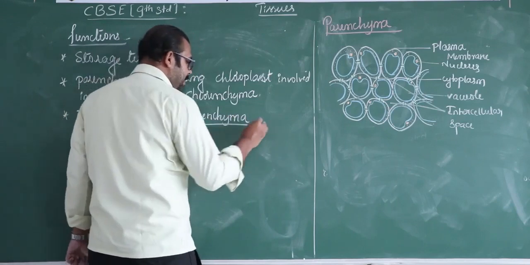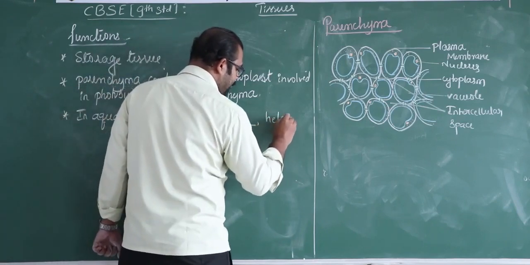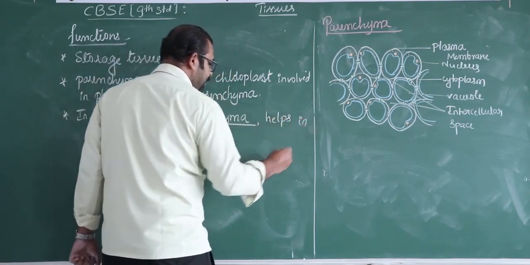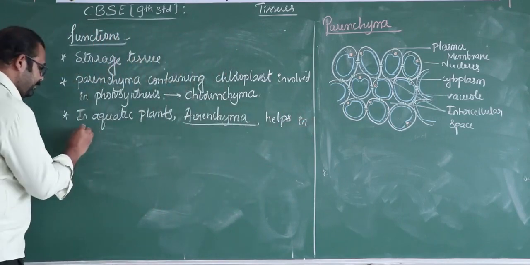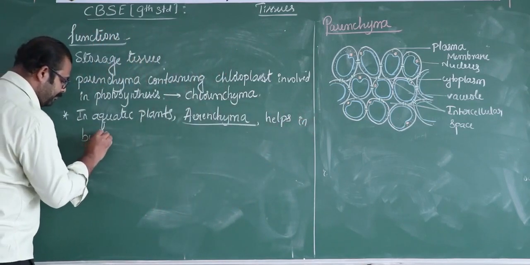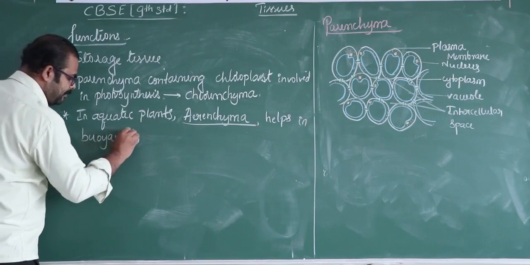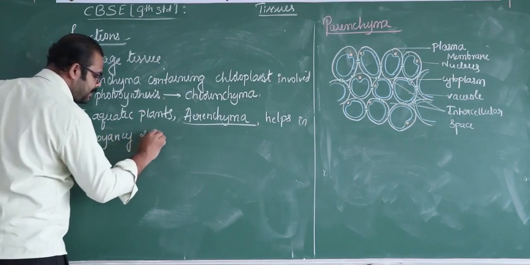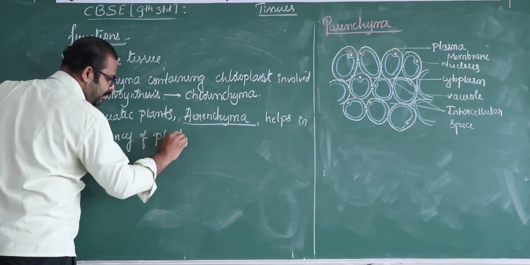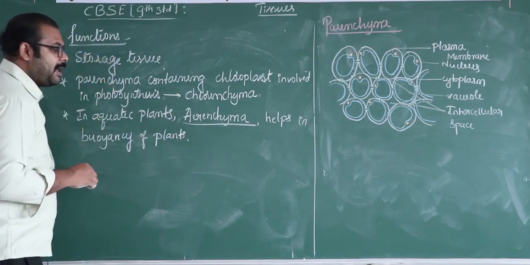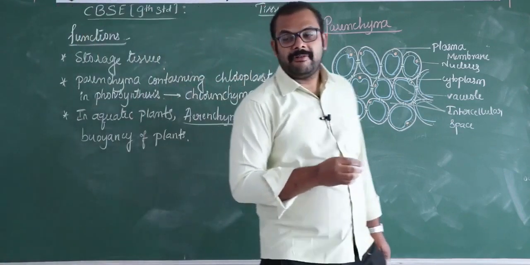Aerenchyma helps in buoyancy of plants. This is another role of parenchyma.